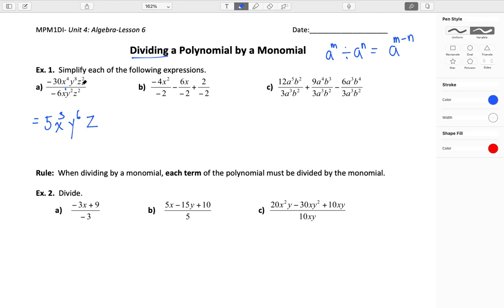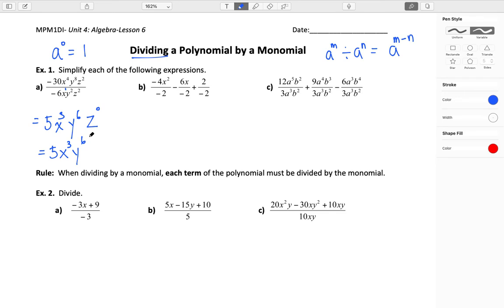And for z, 2 minus 2 is 0. Now keep in mind that any base to the exponent 0 is always 1. So z to the 0 is technically 1. So your final answer will be 5x^3 y^6.